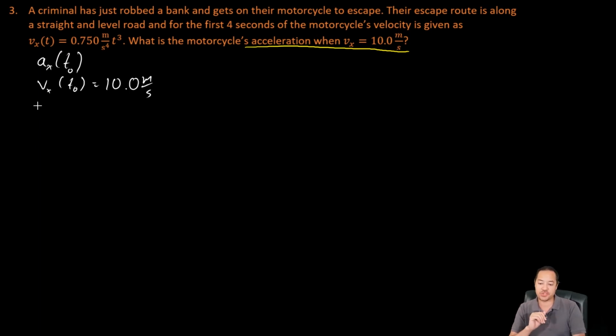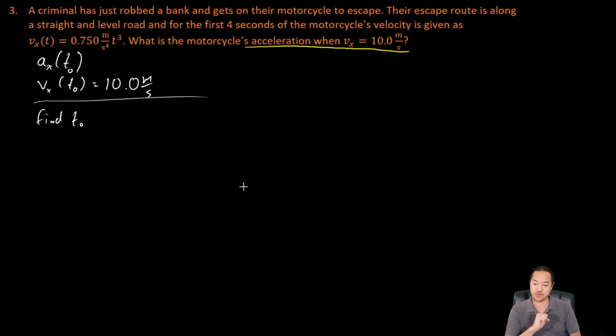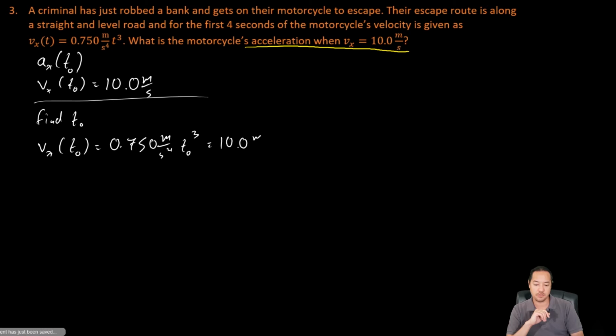So our first step is probably going to be to find t naught. What time is this going to be? We're going to use our velocity equation and say that our velocity at t naught is equal to 0.750 meters per second to the 4th power times t naught to the 3rd power, and our condition is that it is equal to 10 meters per second.